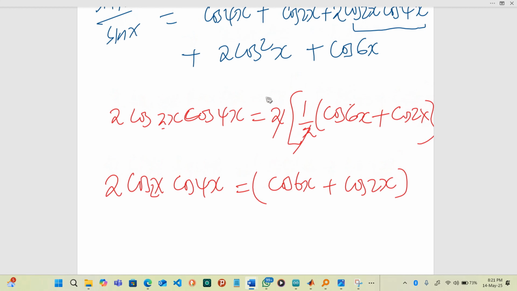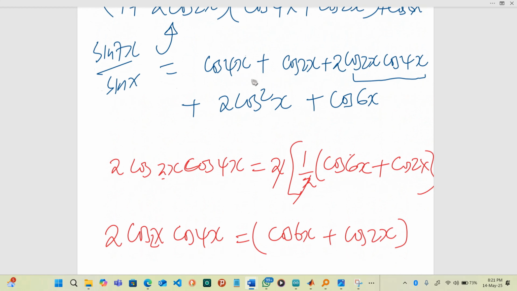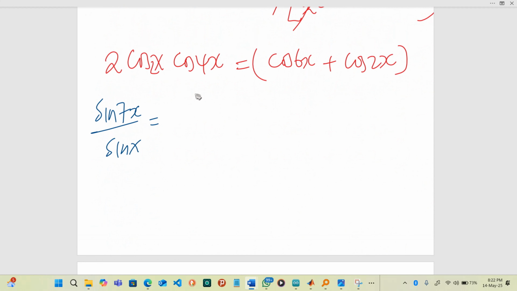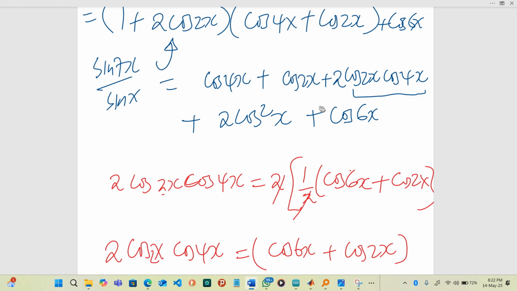So we just bring it up here, and therefore you'll find that sine 7x out of sine x will equal to, I'll have cos 4x plus cos 2x, and then we have this and we have that.